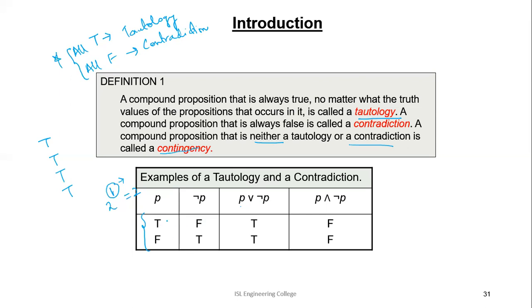So here this is true and here this is true, so both will be true. When you are doing an and, both of them should be true. Since both of them are not true at the same time, this is false. So over here, this column is a tautology and this column is a contradiction. So this entire thing is a tautology, and when you get all false in this way, it is known as a contradiction.